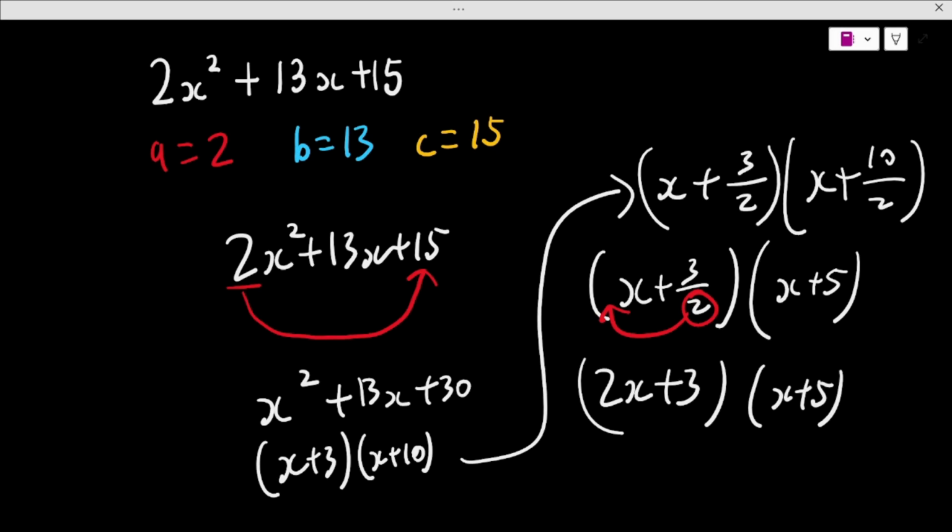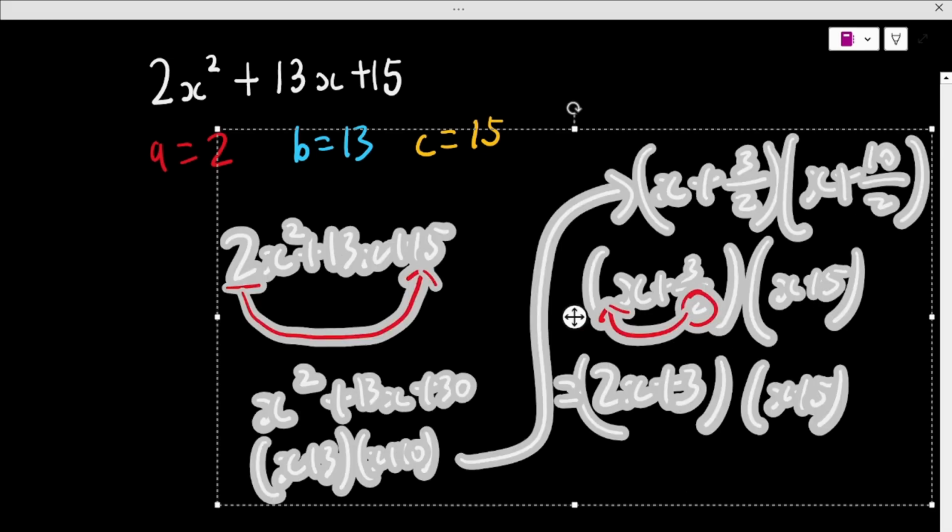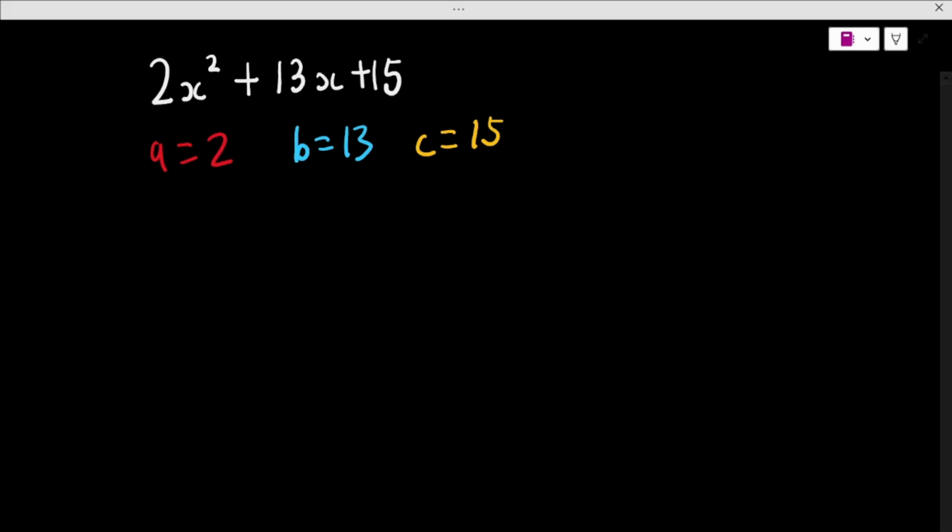This final factorization is equal to the initial expression, so we can just put an equal sign. All the remaining intermediate working are not equal to each other. So yeah, I find this a pretty interesting method, though it's a little bit more tedious, but I still find it kind of fun.